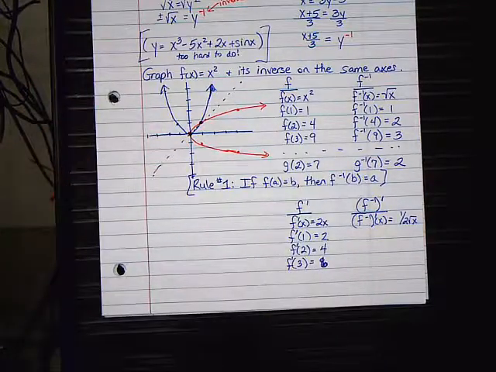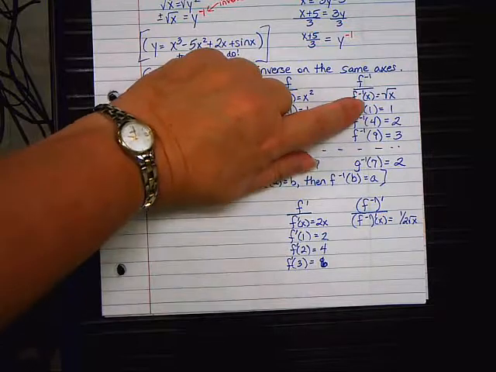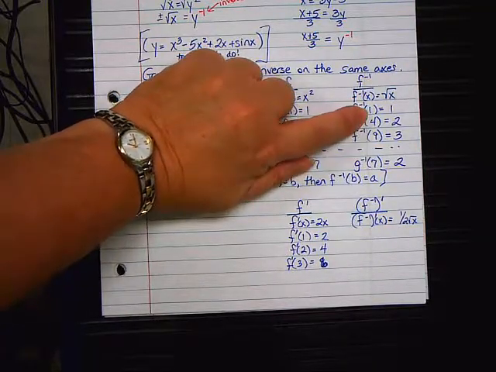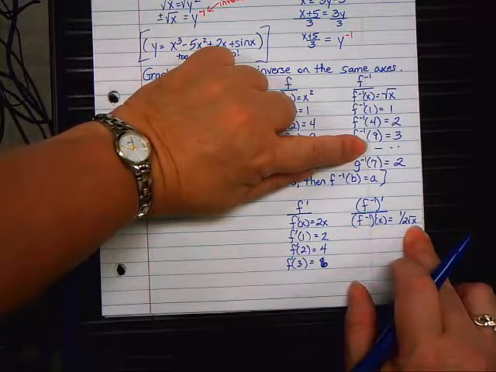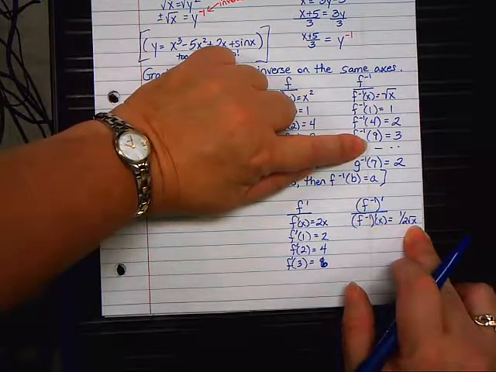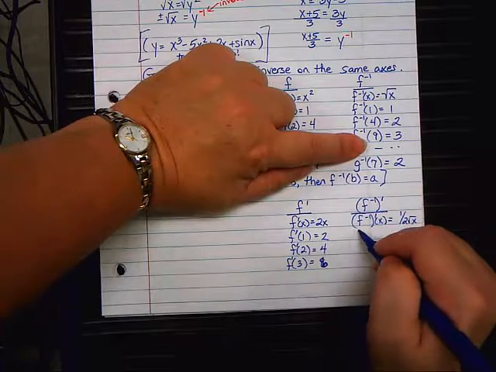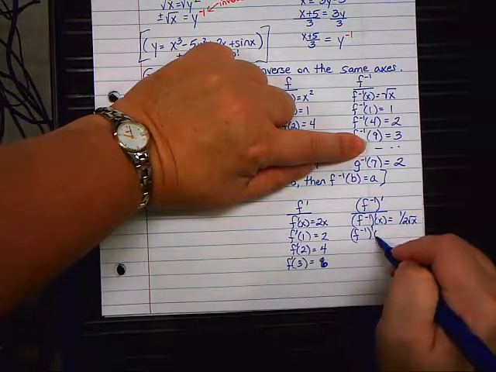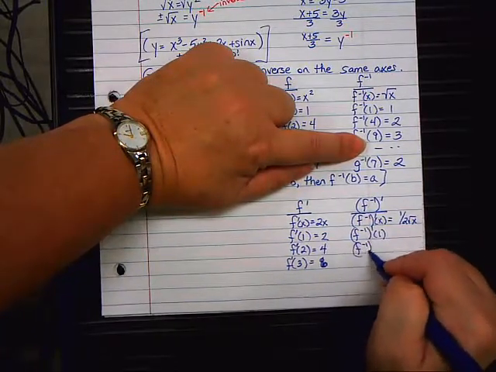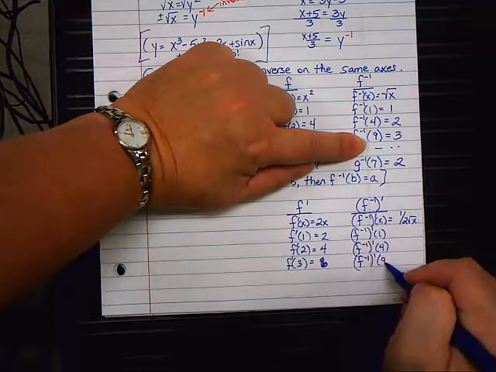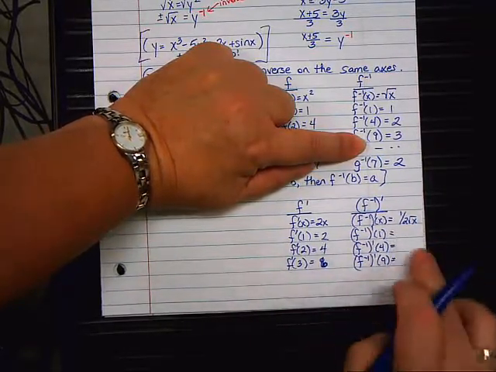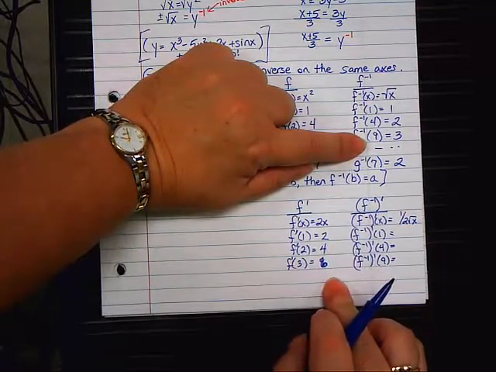Now, over here, the x values were 1, 4, and 9. Those would be good x values to plug into this too, wouldn't they? Because I still have a radical there. So we're going to do f inverse prime of 1, f inverse prime of 4, f inverse prime of 9. And I want to see how those answers compare to these answers.